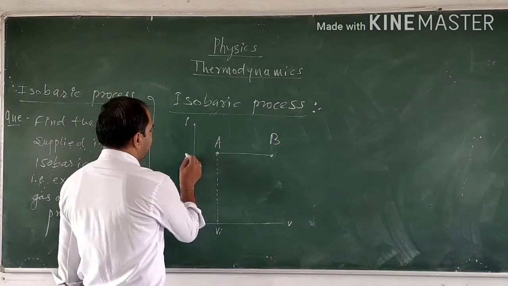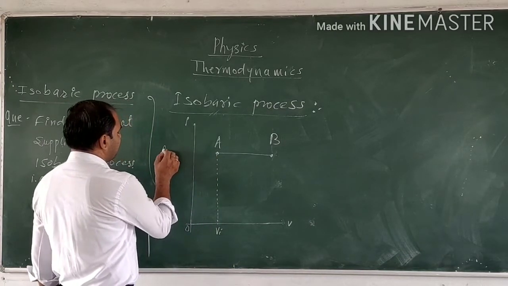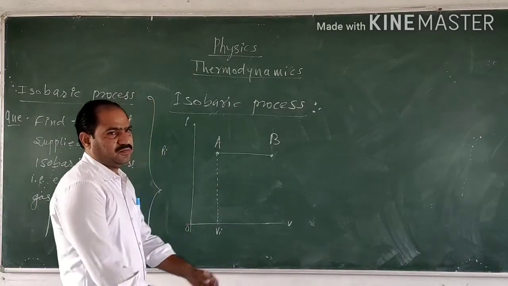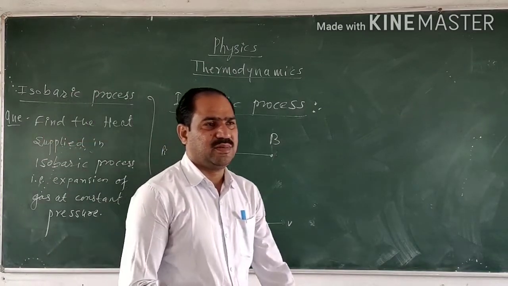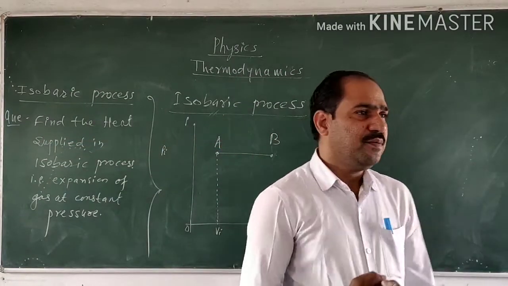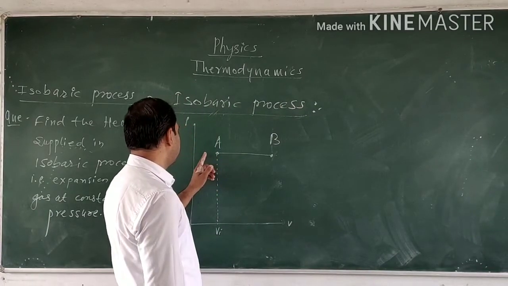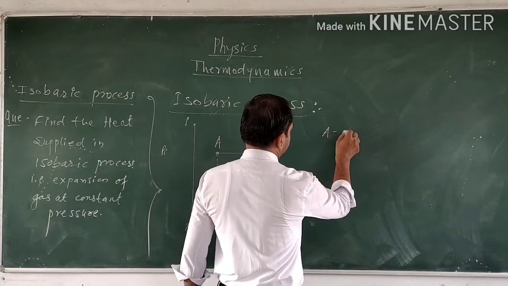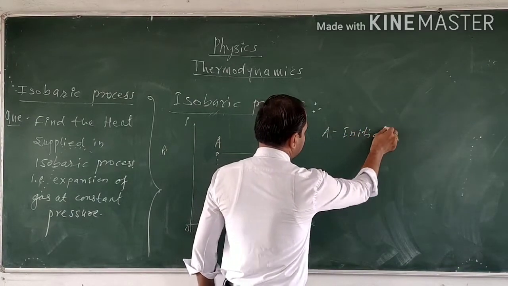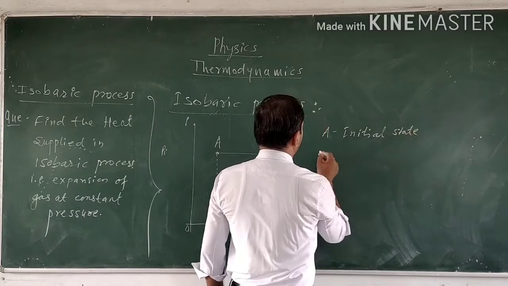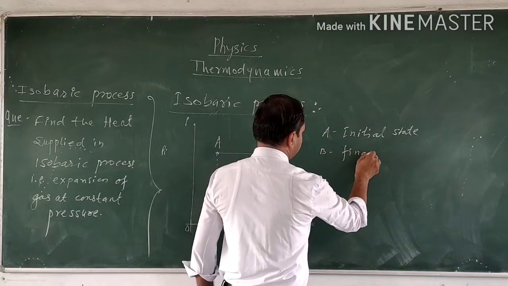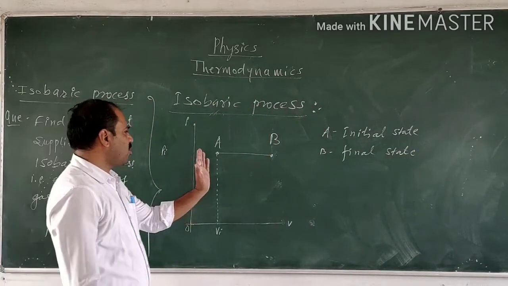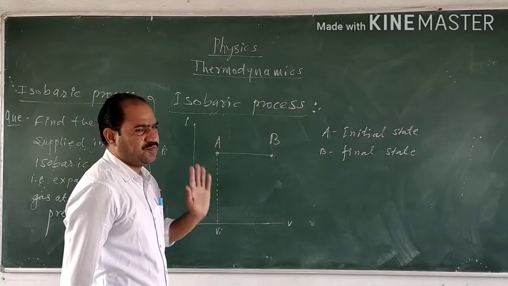At this point A, the initial pressure is Pi, and when the expansion takes place by heating the gas, by absorbing the heat energy, the expansion of the gas takes place from the point A to point B. A is the initial state, while B is the final state. Here the expansion takes place from the initial state A to final state B.